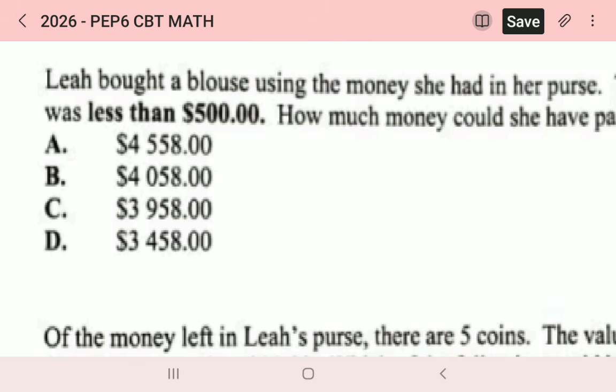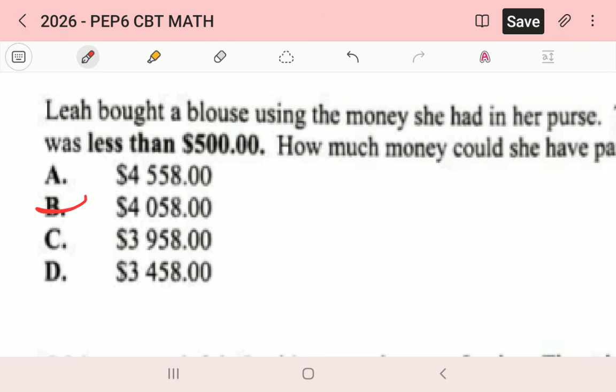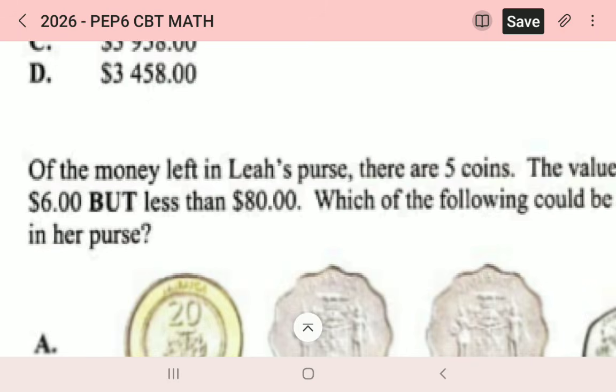D is also going to give her more than 500 change. A is going to give her more than 500, and more than 4,500 is being spent there. She only has 4,500. The answer is B. So having bought the blouse for 4,058, she's going to have 400 and something dollars left, which is less than 500.